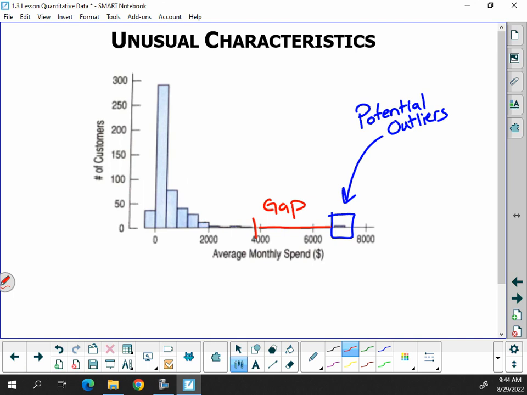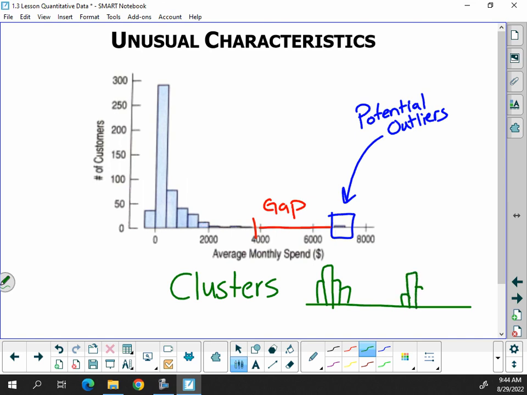So sometimes we will get a group of data that is on one side, and then we'll have some sort of gap maybe, and we'll get some other significant group over on another side, and so we could call those clusters. So we're looking for potential outliers, any major gaps, and if our data is clustered in some way or grouped in some sort of way.